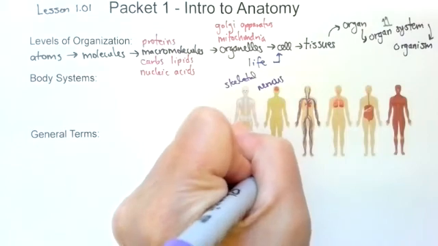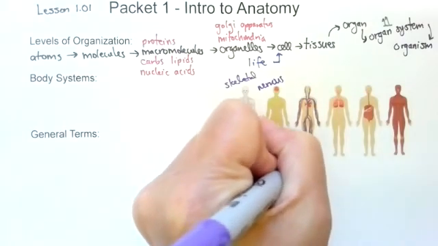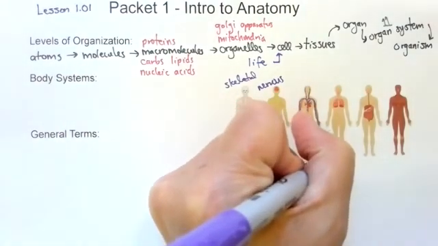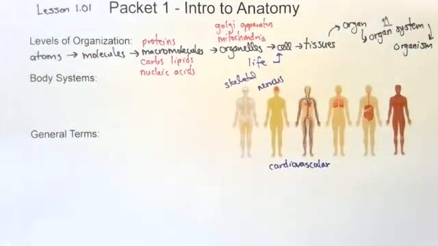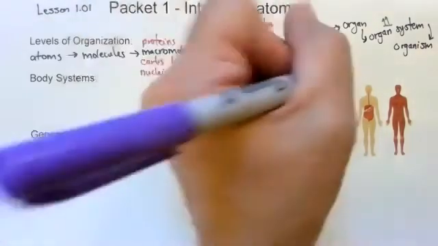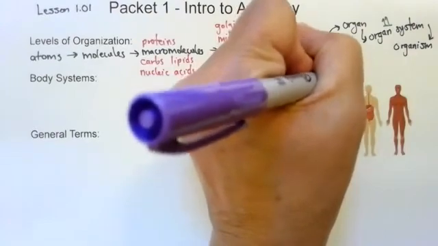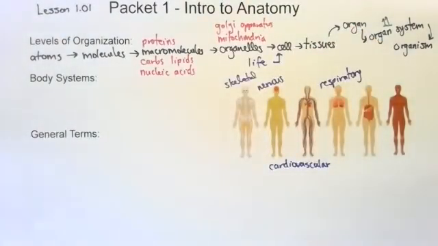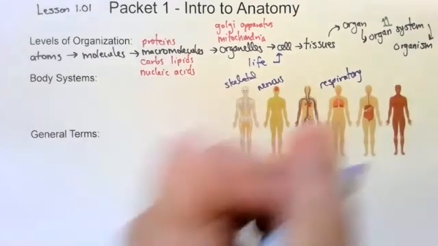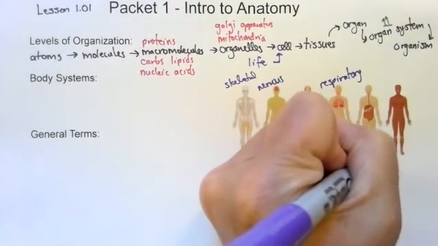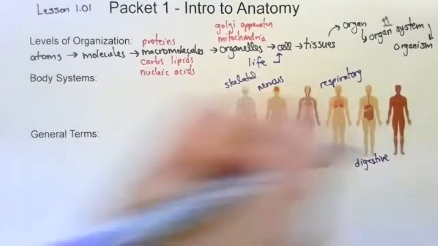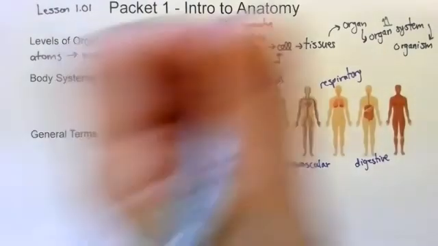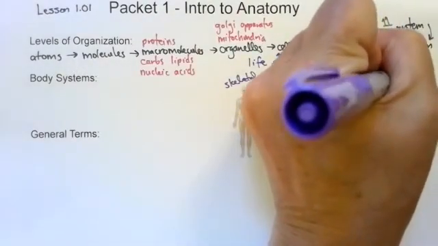This one is cardiovascular. We're talking about the heart and all of the vessels. Respiratory, the lungs and all of the associated airways. Digestive. This is the muscular system.